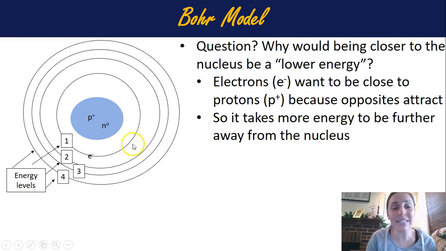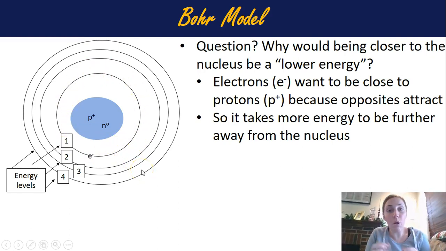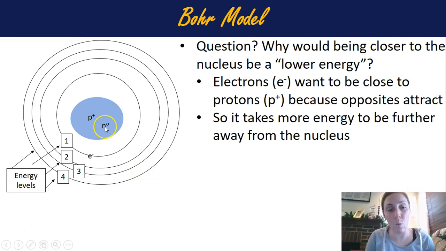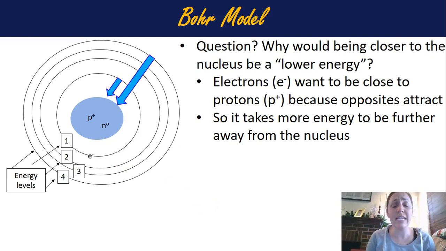Since electrons are like, ooh, protons, you're super cool, they're going to be comfortable closest to the protons, but it's going to take energy to pull them back or hold them further away from the protons because electrons want to be right next to the protons. So this is low energy, and this takes a lot of energy because these guys want to be all the way over here.